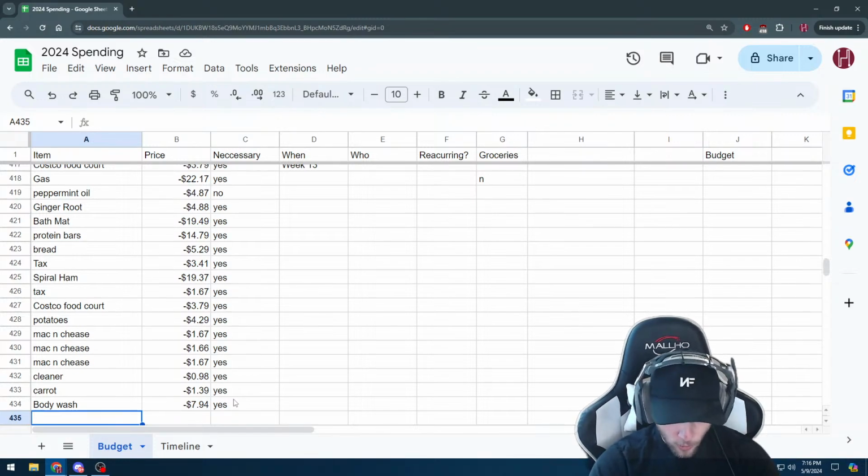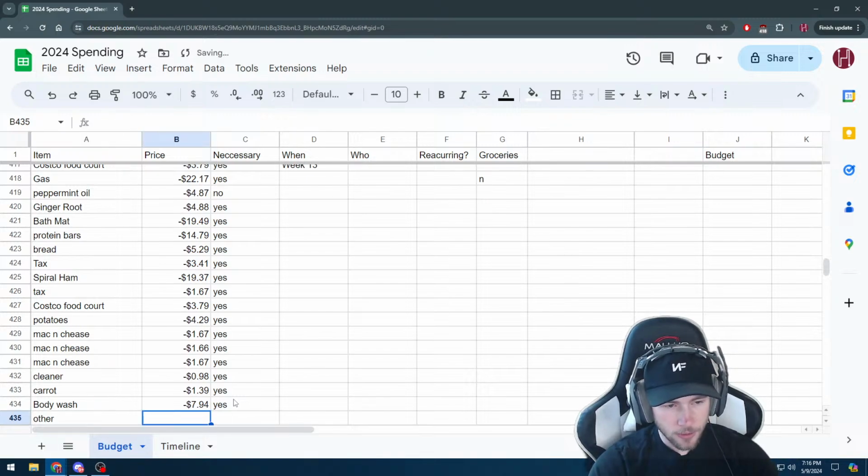Something that was 2 for $4, but I don't know what. What's the date on this? Yeah, might be eggs, but of course we might see eggs later. Eggs are later on. It's going to be one of those other category items.